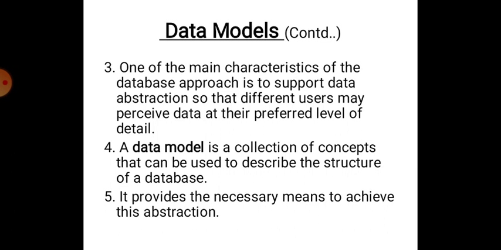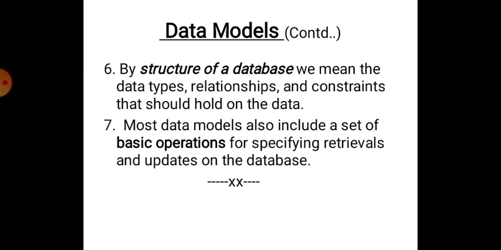A data model, point number 4, a data model is a collection of concepts that can be used to describe the structure of a database. Point number 5, it provides the necessary means to achieve this abstraction. Point number 6, by structure of a database, we mean the data types, relationships, and constraints that should hold on data.